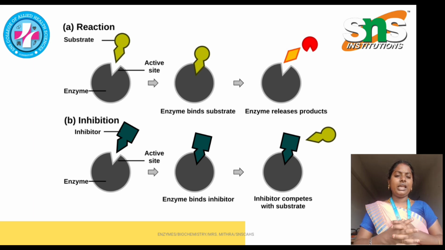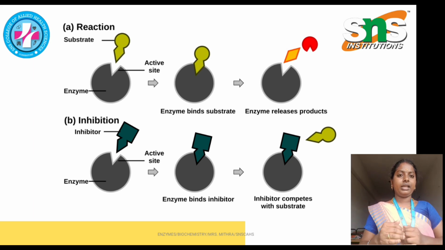You can see the normal enzyme reaction: the substrate binds at the active site, the enzyme-substrate complex forms, the enzyme releases the products, and the free enzyme waits for another substrate for the activity to continue. In inhibition, you can notice the inhibitor has the same shape, a structural resemblance to the substrate.